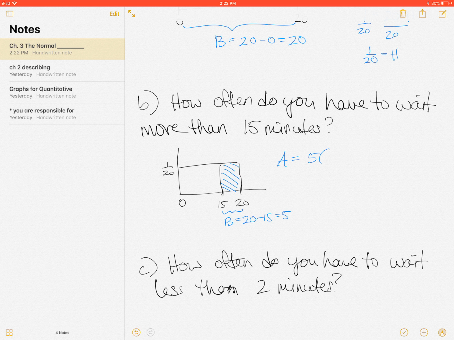So 5 times 1/20 is 5/20, or 1/4, or if you prefer, 25%, 0.25. So how often do you have to wait more than 15 minutes? 25% of the time you have to wait more than 15 minutes.